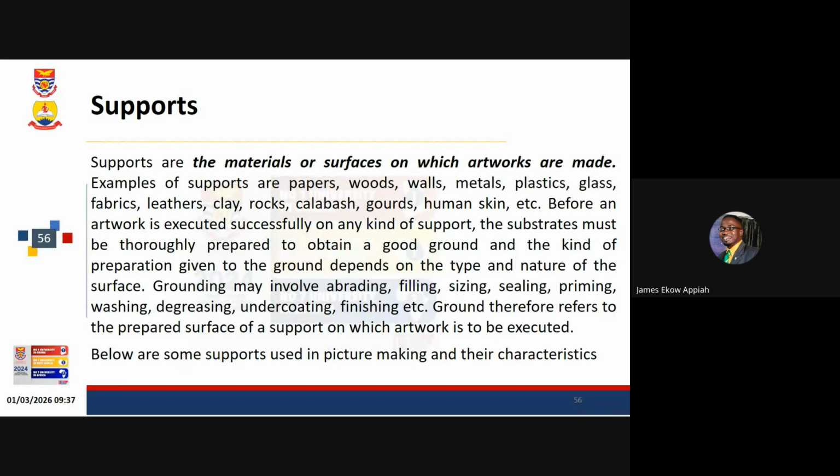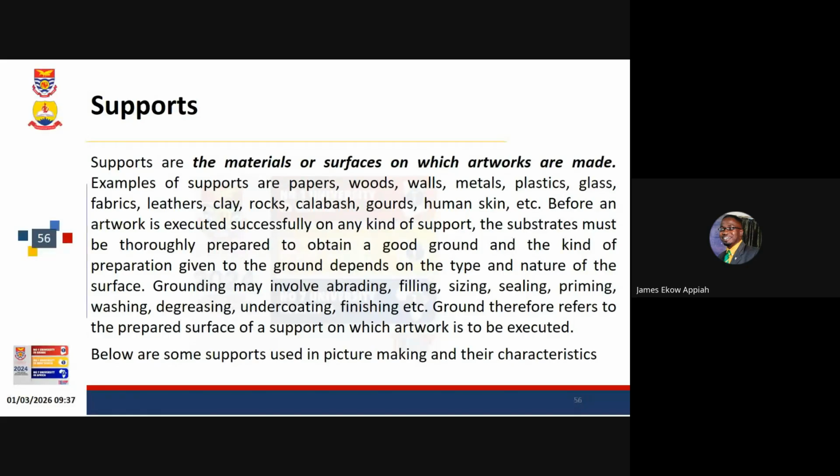Now, with a raw cement surface, I don't think you'll be able to do meaningful work there. So, it's a support. But you cannot do any work there without priming it. So, the moment you apply primer onto the surface to prepare the cement surface, now you can do your actual work. Now, the priming becomes what? It becomes the ground. You prepare the ground for the work to be done.